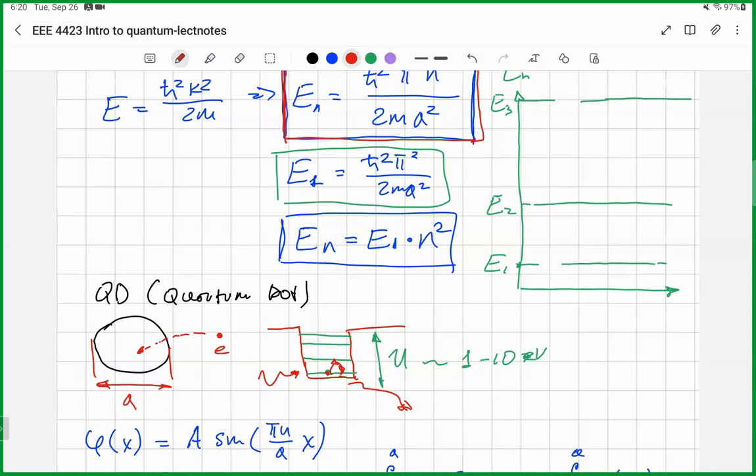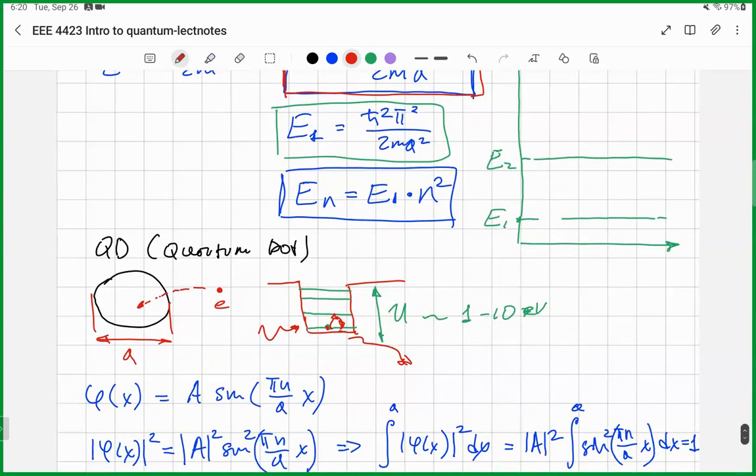But if we make this size smaller and smaller, we start observing the separation, the discretization between the energy states, and also the energy of the first state will become larger.